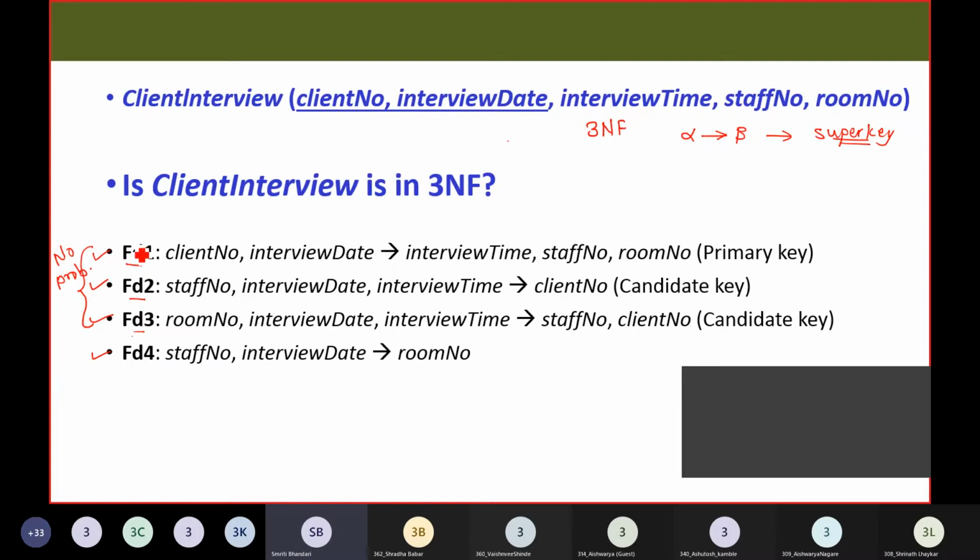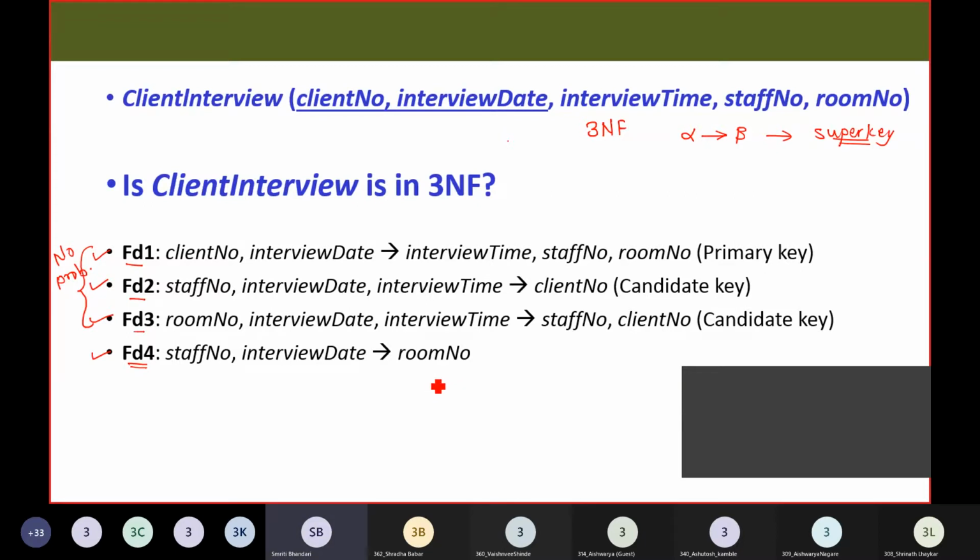But in addition to these dependencies, we have one more, right? So we need to pay attention to this dependency and check whether it is violating our rule of 3NF. If we look at this dependency, staff number, interview date determining room number, obviously we may say that there is no transitive dependency.